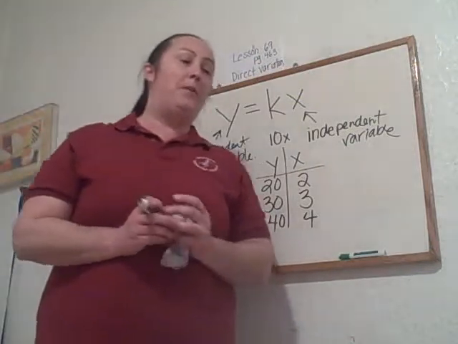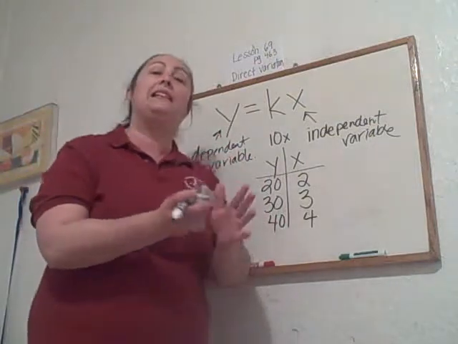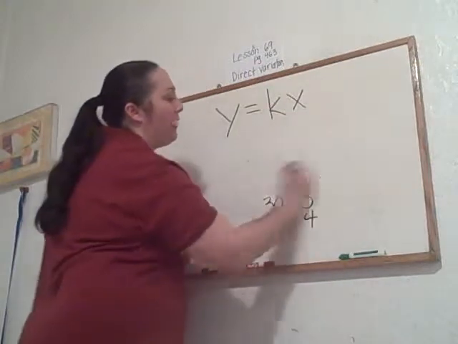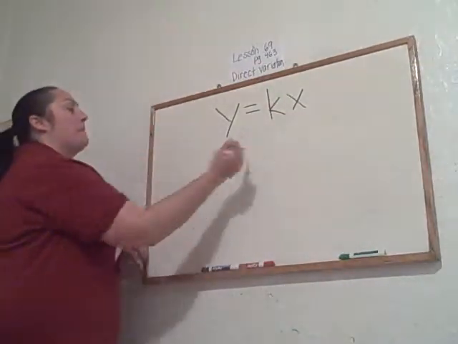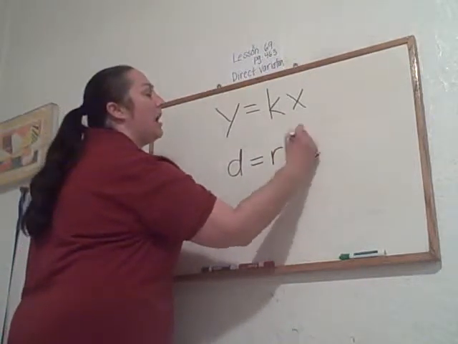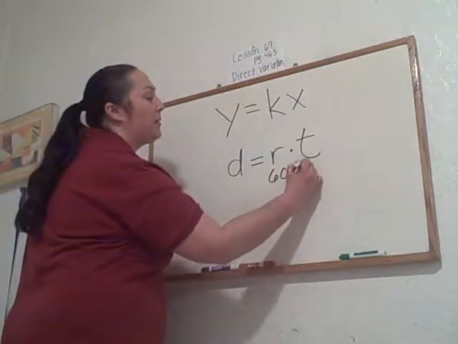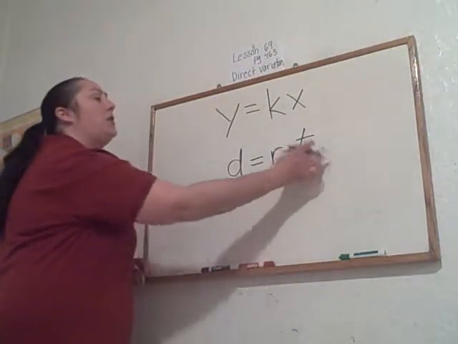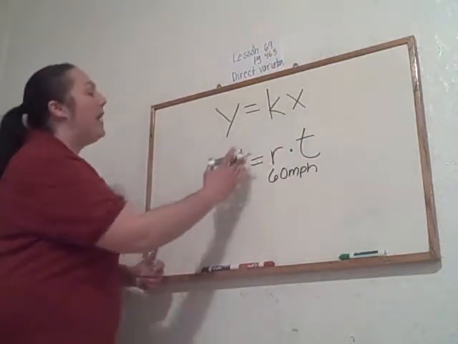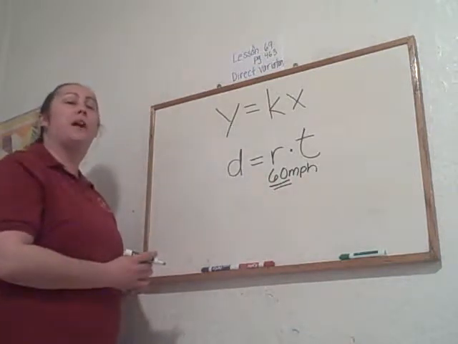Another real life example is if I'm traveling in a car at a steady speed of 60 miles per hour, then I'm looking at the equation distance equals rate times time, where the rate would be a constant of 60 miles per hour. It would all depend on how much time I took to travel, of how much distance I would cover, going at a constant rate of 60 miles per hour.